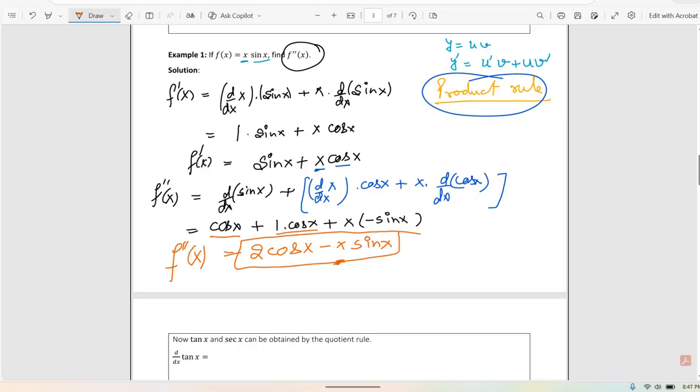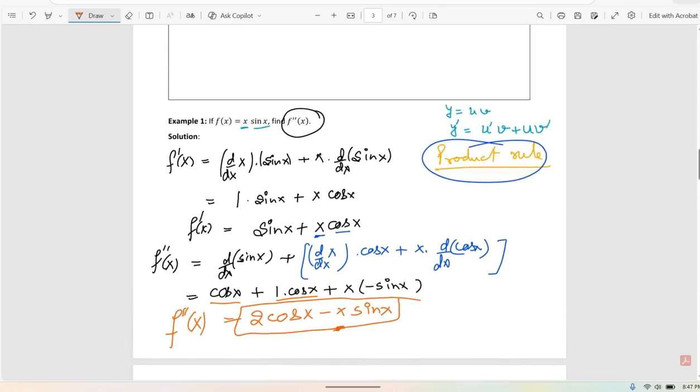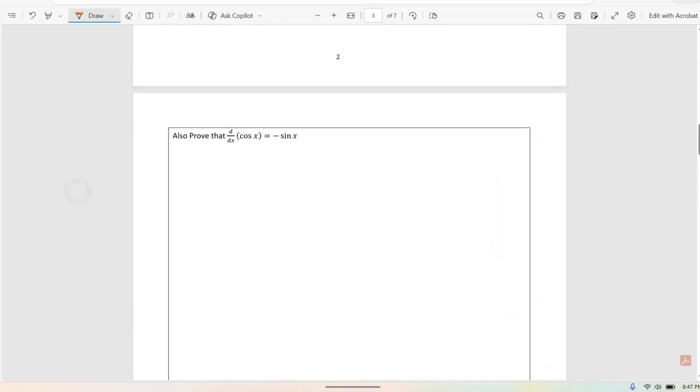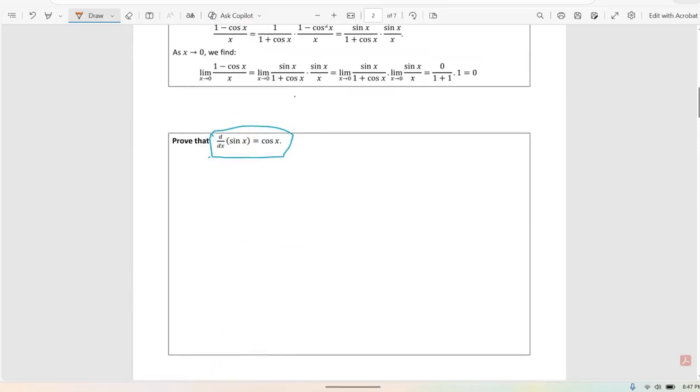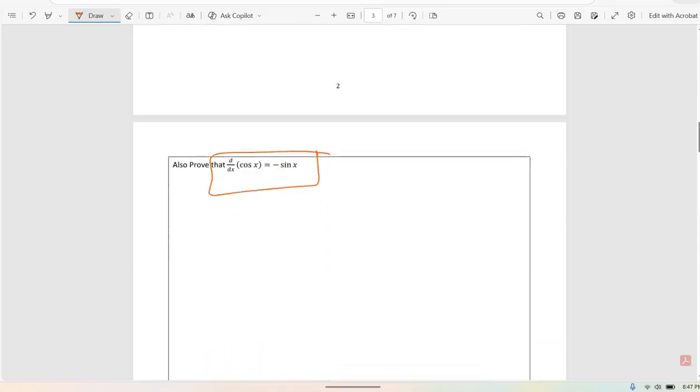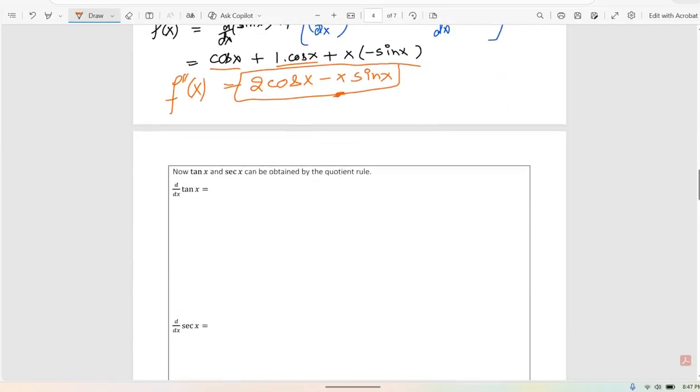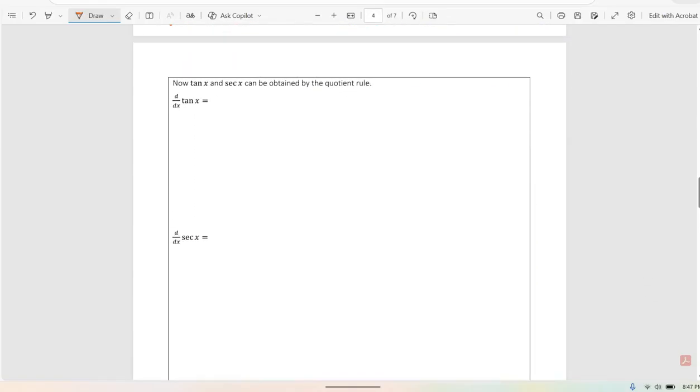Okay, so basically what we are using here is the new formulas which we just learned. Let's look at them one more time. Derivative of cosine is negative sine x and derivative of sine x is cosine x. Okay, let's try one more formula. Derivative of tangent is secant square x.